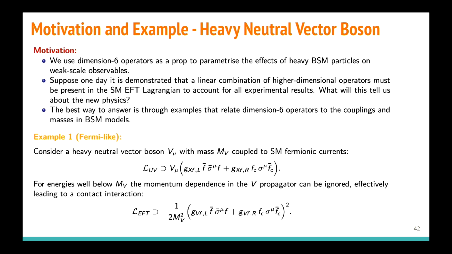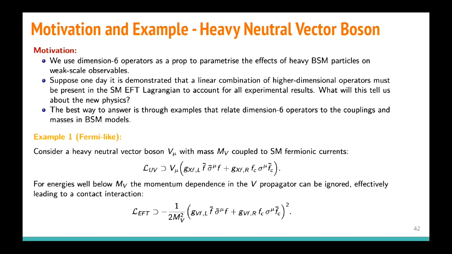Different operators give different kinds of physics interpretations. After collecting a lot of data, we are able to say that these experimental results point us to a linear combination of higher dimensional operators. This is the direction of new physics favored by the data.